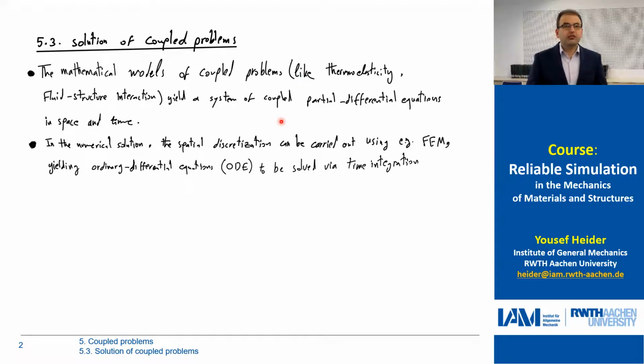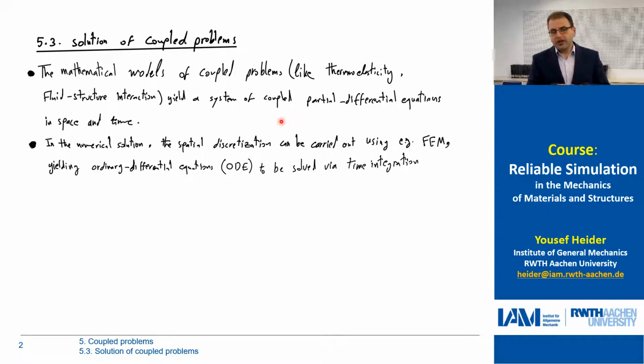And then we also have two kinds of discretization. First, we have a domain, so we have the spatial domain. This can be carried out, for instance, using the finite element method, or if you are solving maybe fluid structure interaction, some people go for finite volume elements for the fluid domain.